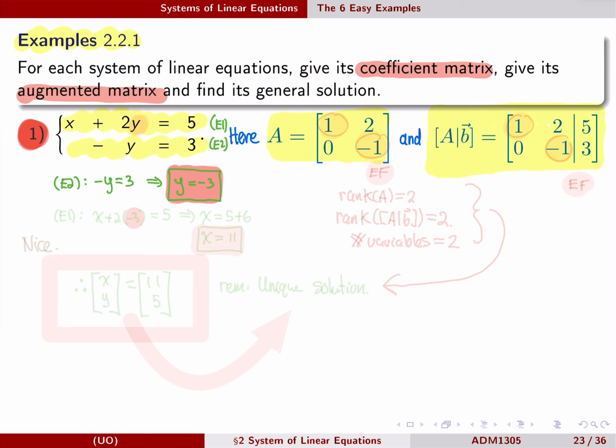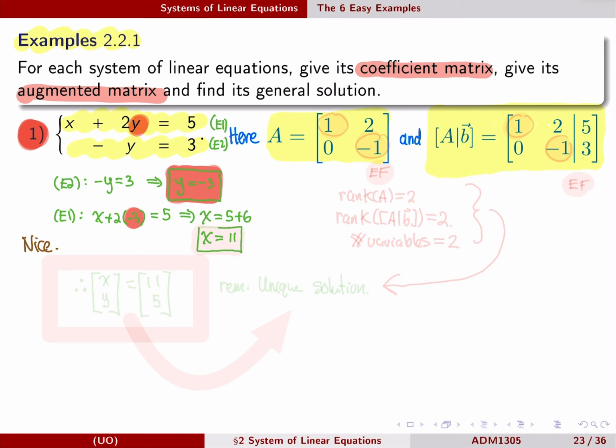Now that I have y, I can put this information in the first equation. This is also known as backward substitution. So we have x plus 2y, but now y is freshly computed to be minus 3, is equal to 5. Now if you isolate x here, you're going to get that x is 5 plus 6, so x is equal to 11.